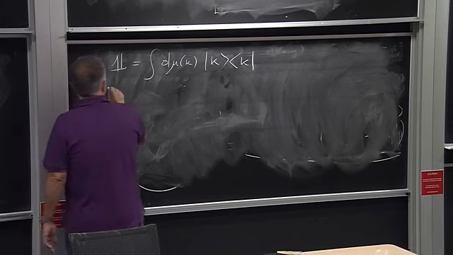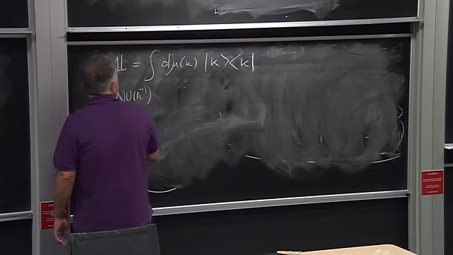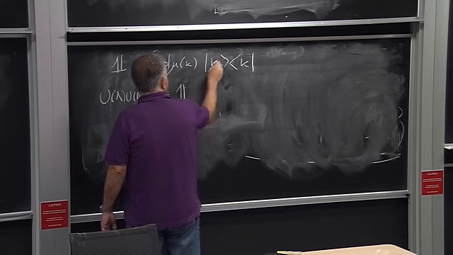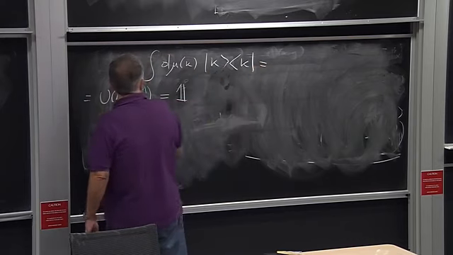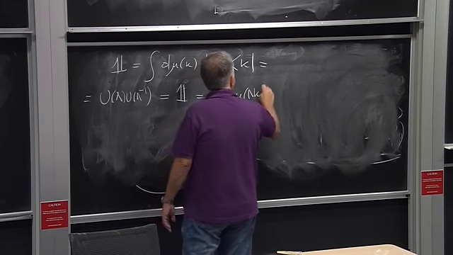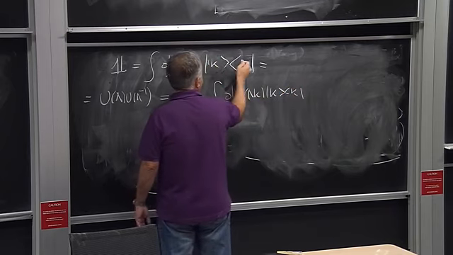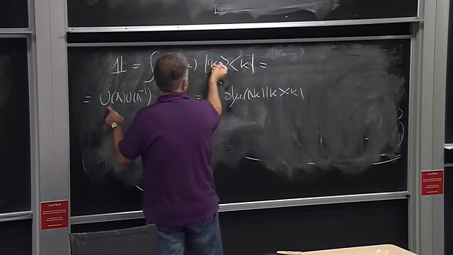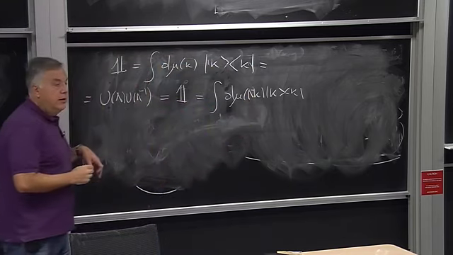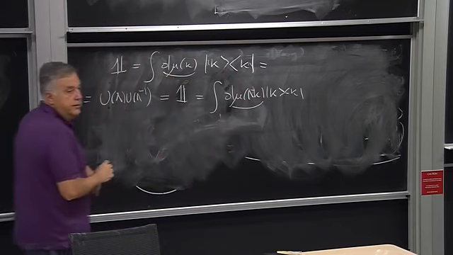Then you apply U of lambda and U of lambda minus 1 here, and this is equal to 1, which is equal to this thing, which is equal to d mu of lambda k, |k><k|, because you have lambda k here, and then you make a change of variables, and you get d mu of lambda minus 1 k here. So the measure, you see, has to be Lorentz invariant.